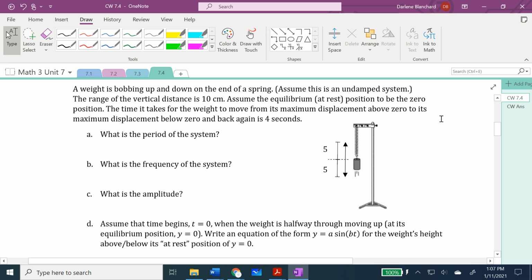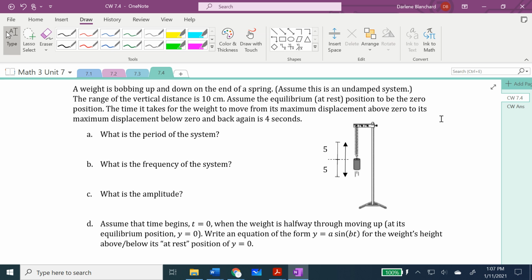Now, this is assuming an undamped system, which basically means it's not going to lessen its height over time. It's just going to keep going, assuming that I don't have all of the natural forces acting. So basically, we're in a vacuum, and it's being moved, and so it just kind of keeps going down 5 units, up 5 units past the center. But it's a total of 10 units that I am vertically bobbing between.